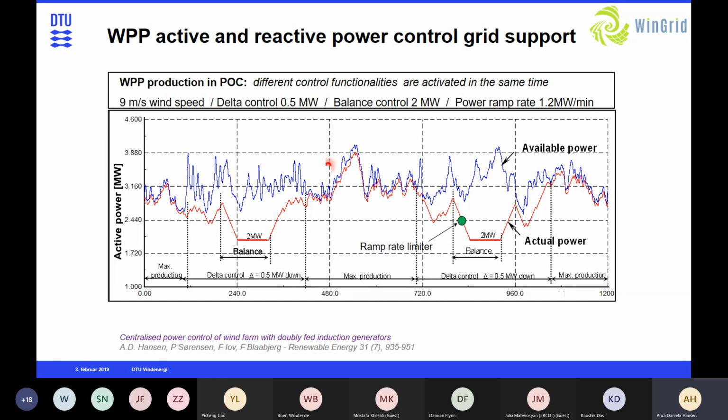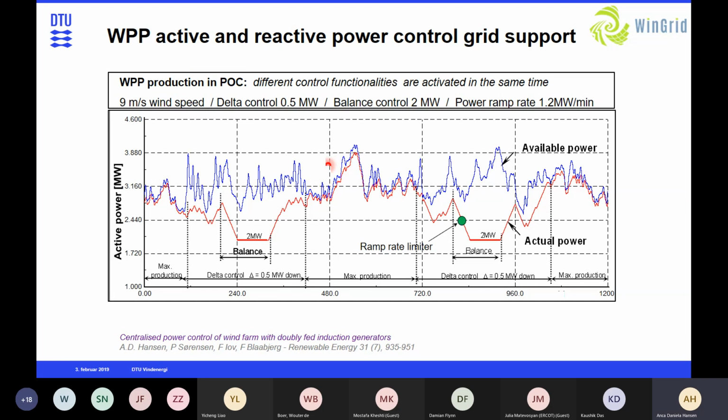And then we have with red the actual active power, and you can see how the wind power plant reacts based on the system operator giving different control actions. So in the first graph, we say, okay, produce as much as you can. And so you can see that these two follow each other. Then the wind power plant is asked to run with a delta balance.